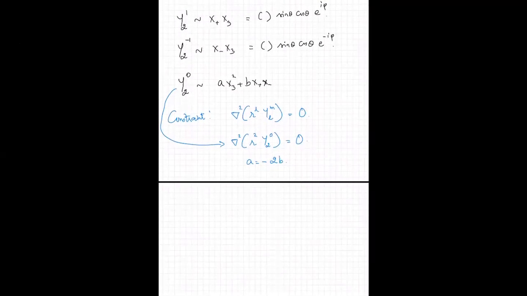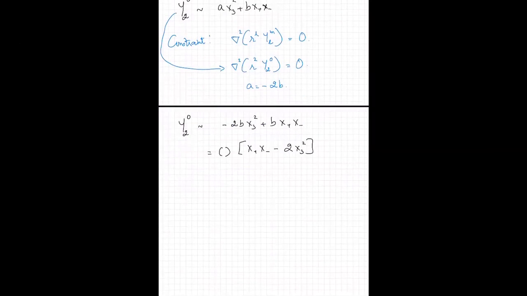So y20 in that sense is simply equal to A x3 squared plus B x plus x minus, which I can write as minus 2B x3 squared plus B x plus x minus. I can take the overall B outside, that is just a normalization. So the some constant times x plus x minus minus 2x3 squared.